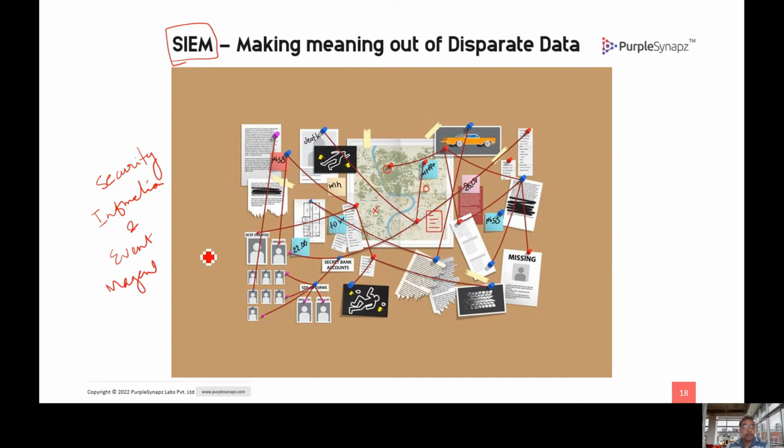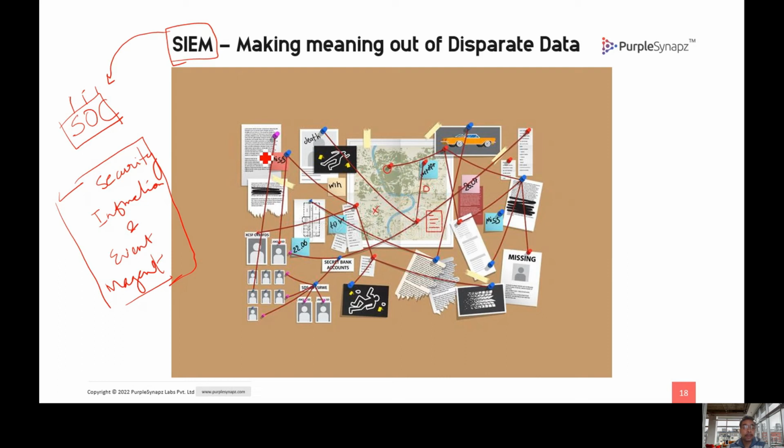This security information and event management software is a very core part of the cybersecurity system, and this leads to something called a SOC, which is known as a security operation center. This software is used to establish the security operation center.